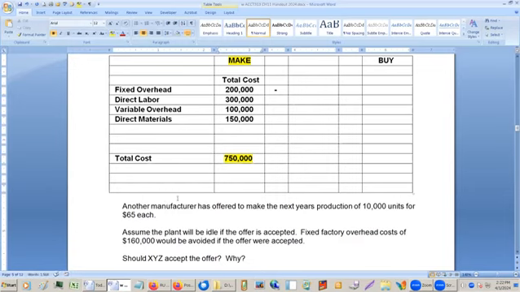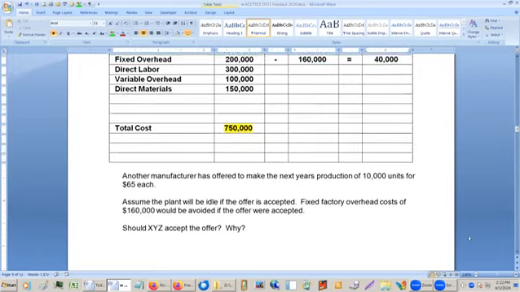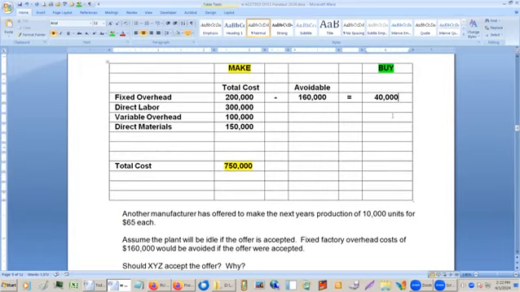For the buy, we're going to avoid 160,000 of overhead. No direct labor.